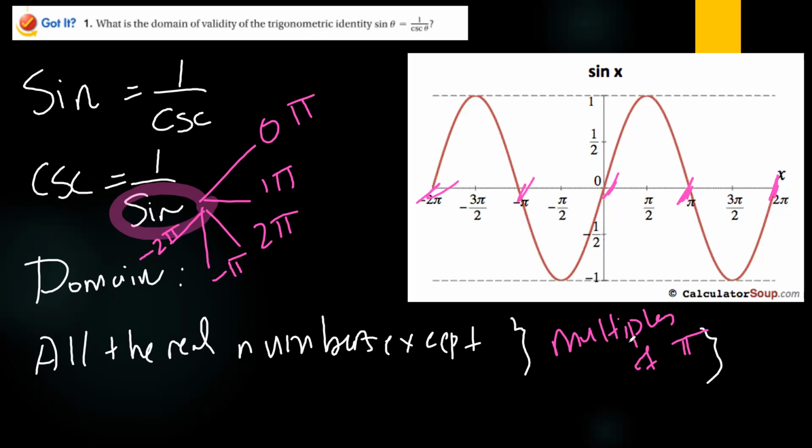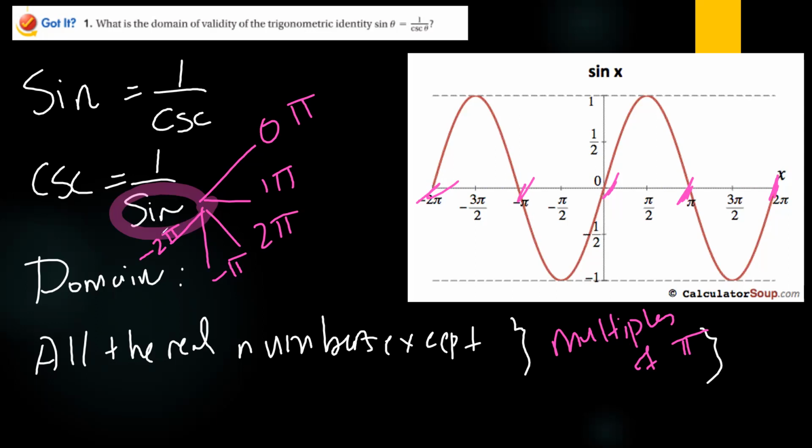I cannot say only the odd multiples of pi, and I cannot say only the even multiples of pi, but all multiples of pi. Because we have 0 pi, 1 pi, so all of them.